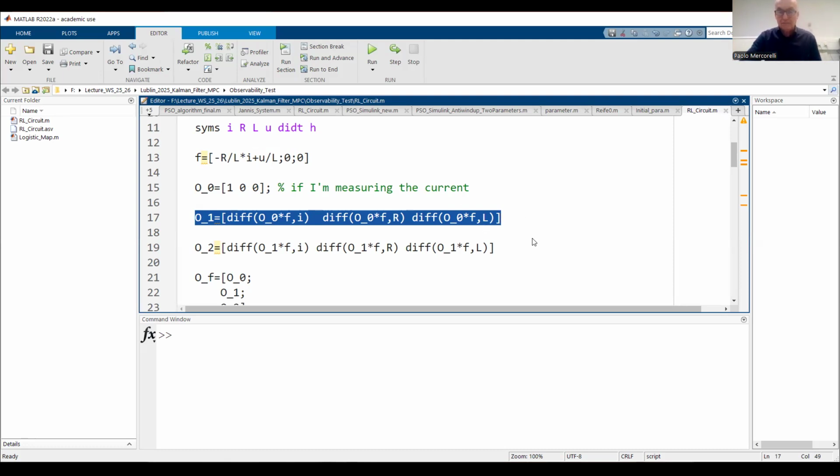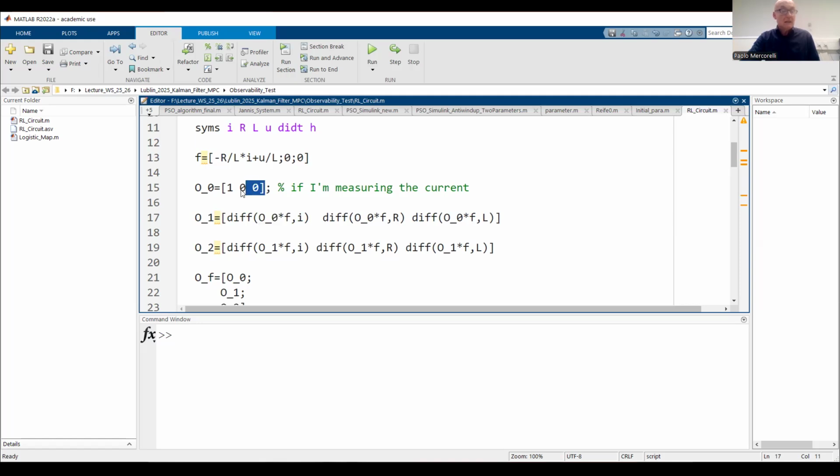Let me show you. This diff states the partial derivative of this scalar function with respect to this variable. Why is this a scalar function? Because it's a scalar product between this row vector and this column vector. At the end it is a scalar.